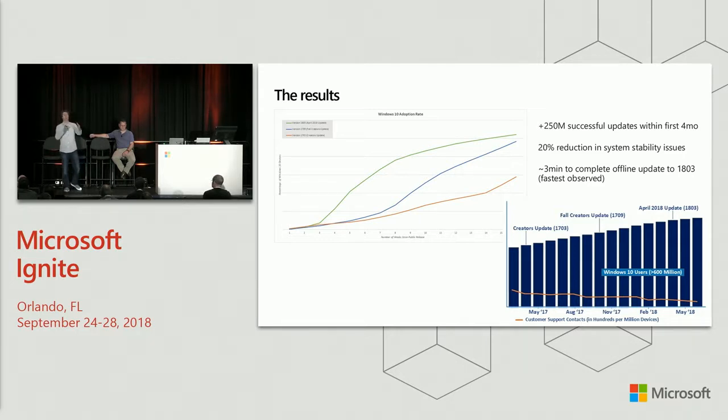And because we were choosing early devices that were highly capable of updating, especially those that had more modern hardware, we were observing offline updates completing for a feature update in around 3 minutes for a set of devices. And so being able to choose the right devices to update first leads to far better overall user satisfaction.